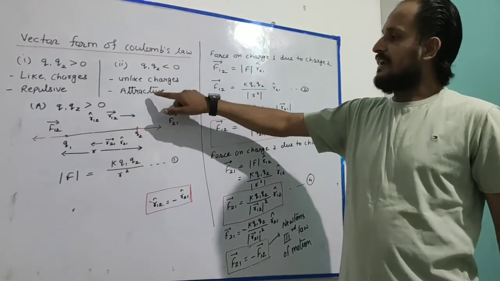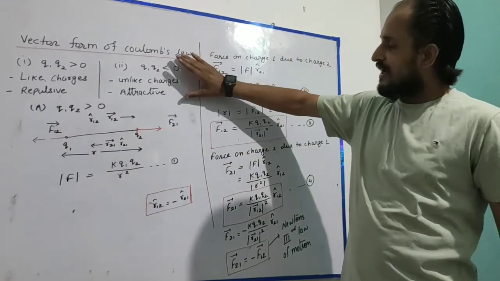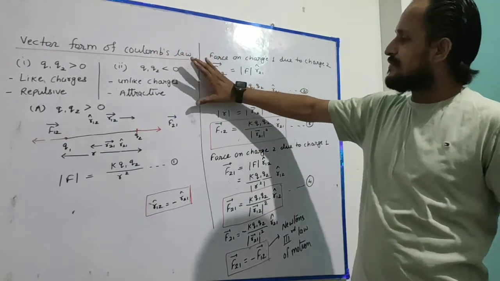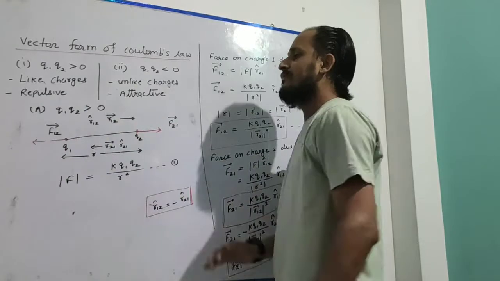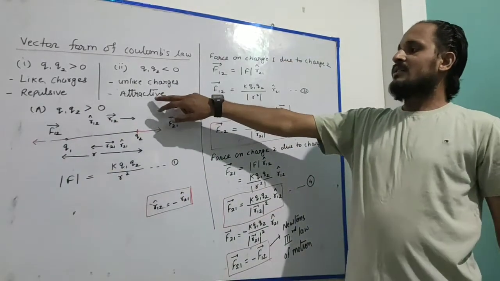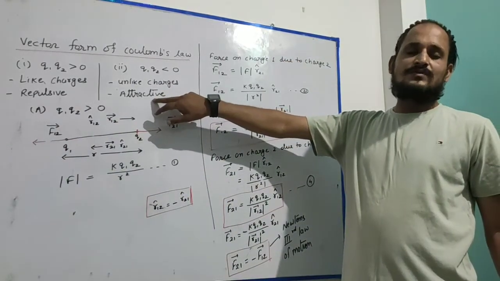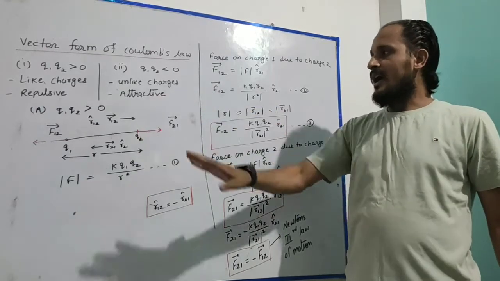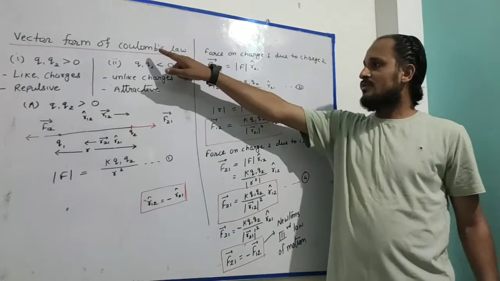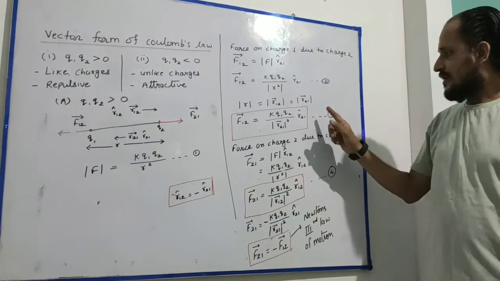Unlike charges and attractive force. So when you find the vector form of Coulomb's law for this condition, these arrows will fold inward because in that case the force acting between charges would be attractive. Clear? Now we have expressed Coulomb's law in terms of unit vector.